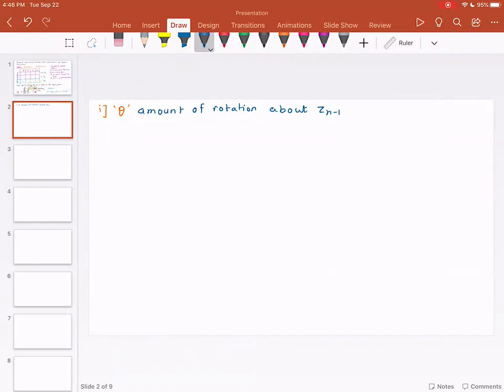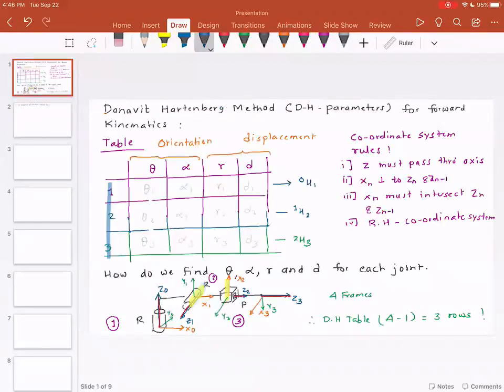You can treat it a different way, that's totally fine. X2, yes, you can do it like this. X3, Y3.